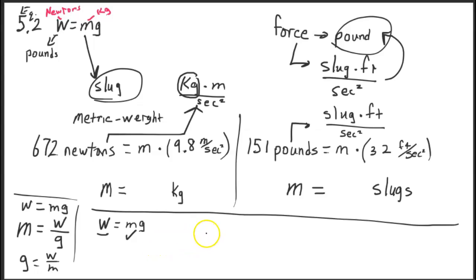Once we have the mass, we can take the known mass of the object and multiply it to the acceleration due to gravity on, in this case, the moon, and we'll get the weight on the moon, right? That makes sense? We know the weight of the object on Earth. We can find its mass. Why do we want to find its mass? Because we want to multiply that to the acceleration due to gravity on the moon to find its weight on the moon.